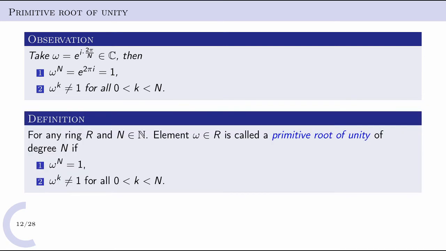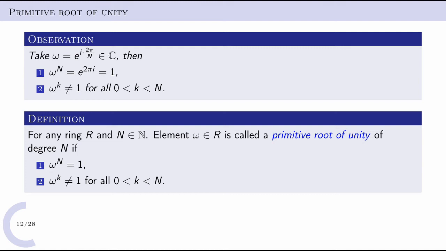More generally, given any ring R and a positive integer n, an element omega is called a primitive root of unity of degree n if the nth power of omega is 1, but all the earlier powers are different from 1.